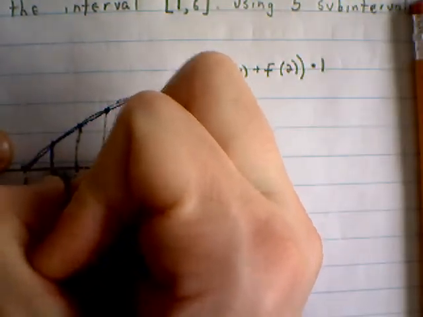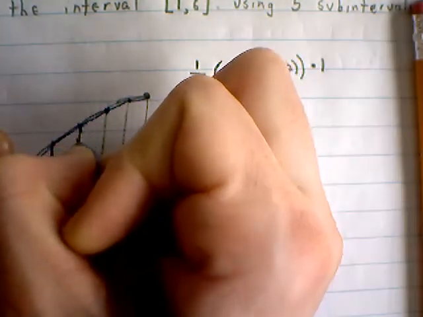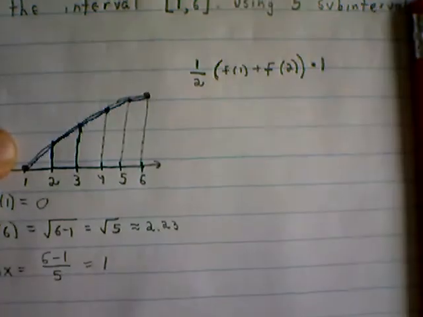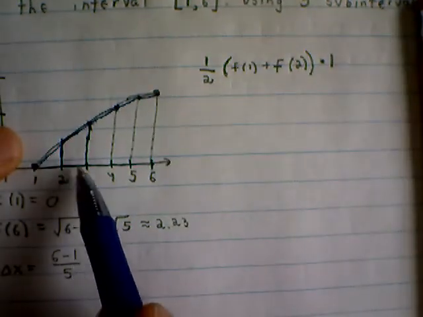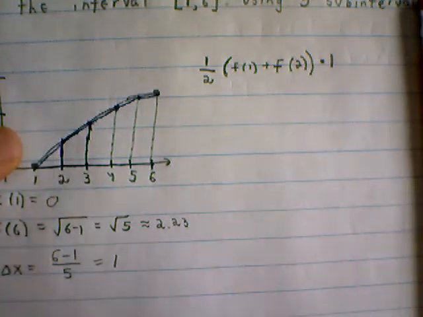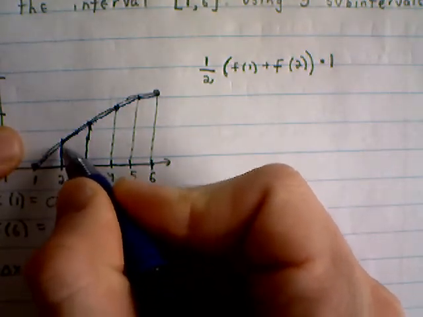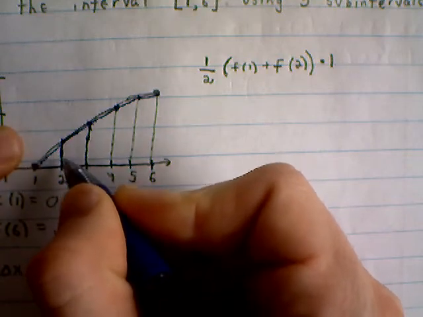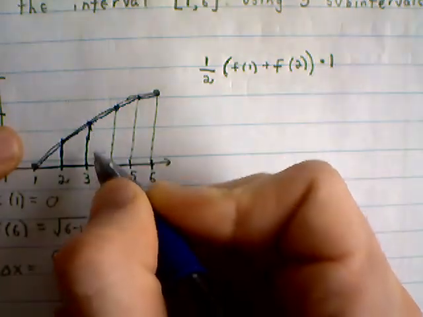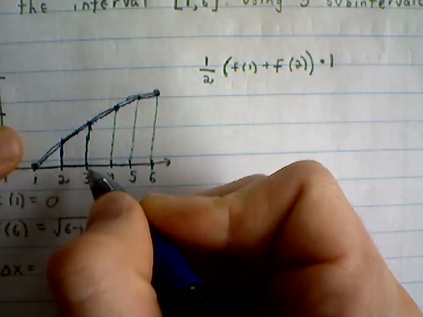So now my next trapezoid is this trapezoid right here. I need you to see the trapezoid, so I just outlined it in blue. All right, so base 1 of the trapezoid is going to be f of 2. Base 2 is going to be f of 3.